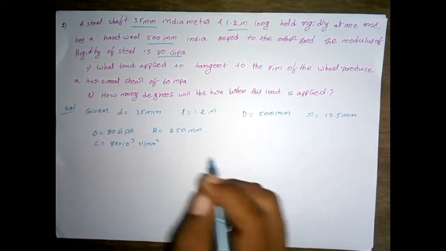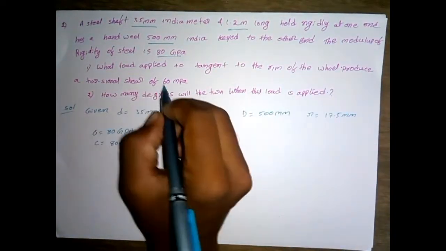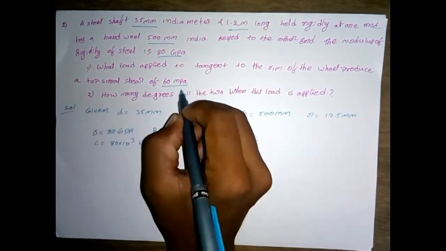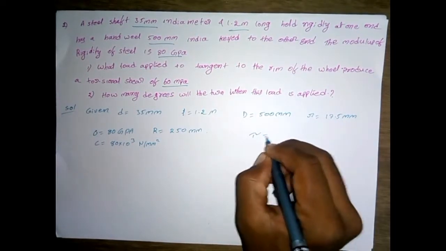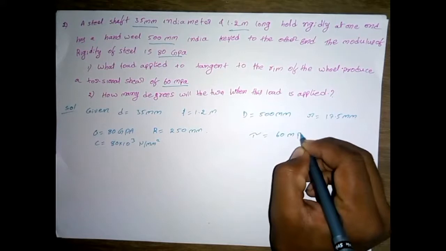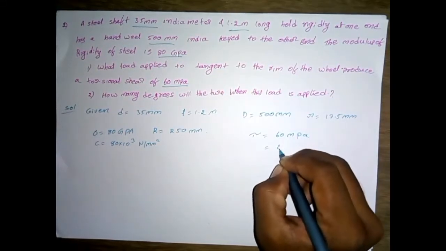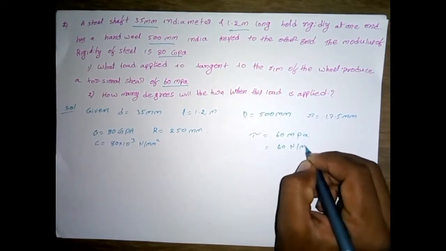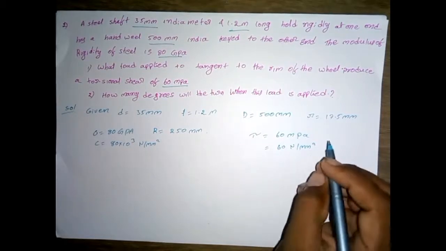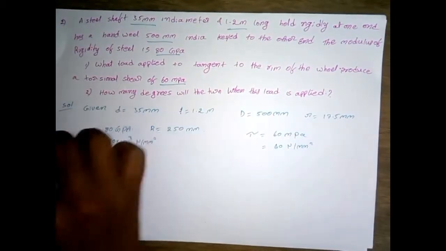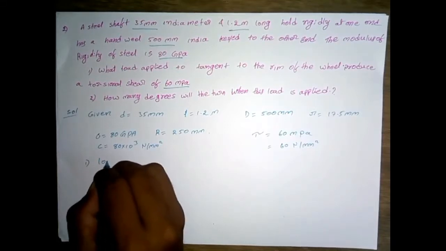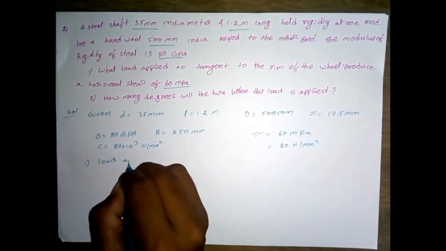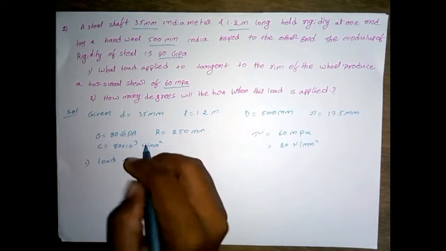And we know that here we have another one, torsional shear stress is 60 megapascal, that is tau is equal to 60 Newton per mm square. Now at condition 1, load applied to the tangent to the rim of the wheel.